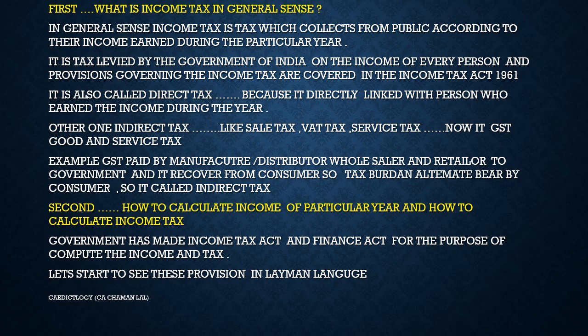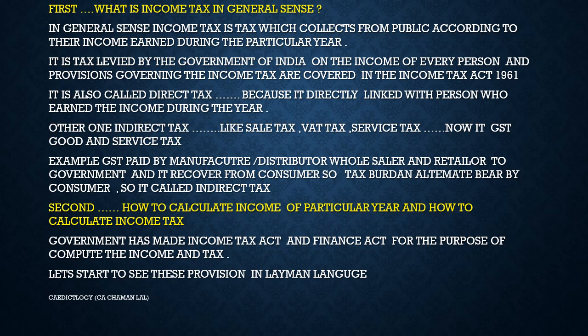Understand with an example. It is made by a manufacturer, sold to a distributor, distributor sold to a wholesaler, sold to a retailer, and retailer to a customer. It's called the consumer. They pay the tax to the government, but ultimately the burden of all the tax is borne by the last consumer. So it is called indirect tax.